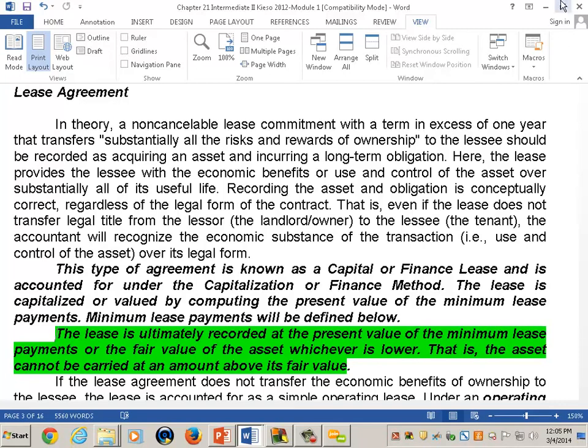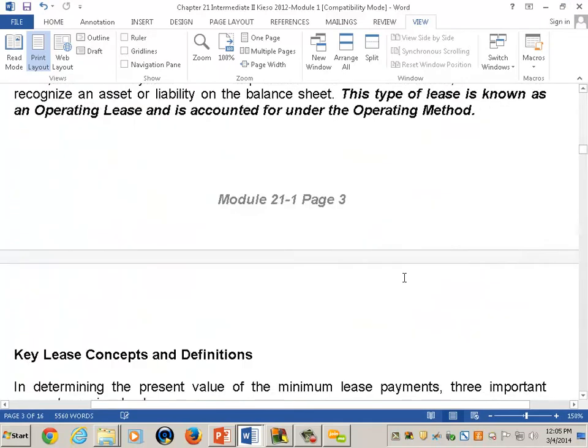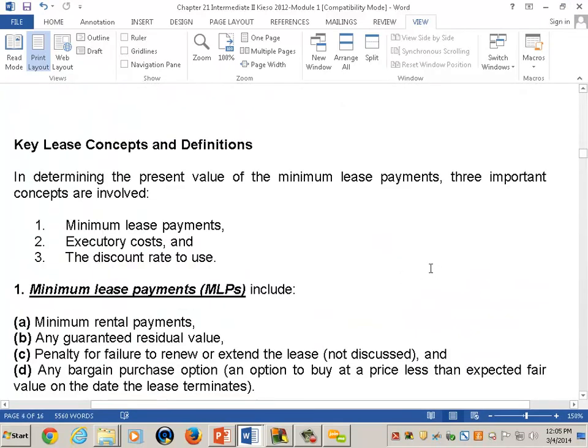Okay. Now, a couple more things to think about. Before we go into the standards, I want to make sure that we understand a couple of these concepts. We already know what the executory costs are. These are maintenance, insurance, and taxes. The minimum lease payments, as I said, cannot include executory costs.